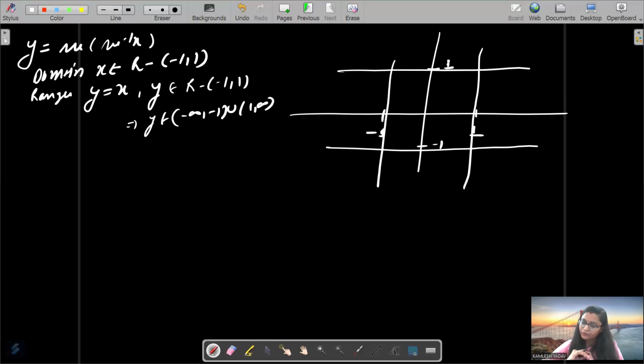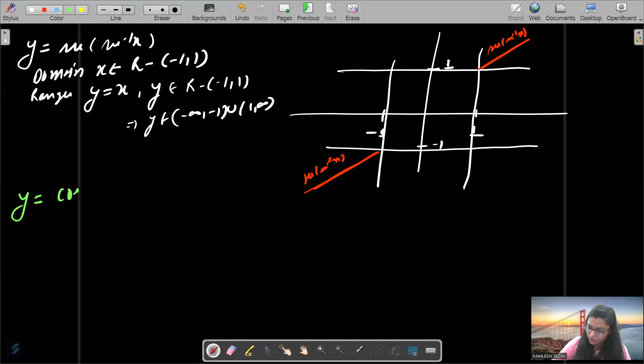Then the line y is equal to x is drawn here, which lies here except the points -1 to +1. So this is the graph of sec of sec inverse x. Very simple. Then the last question is y is equal to cosec x and cosec inverse x.